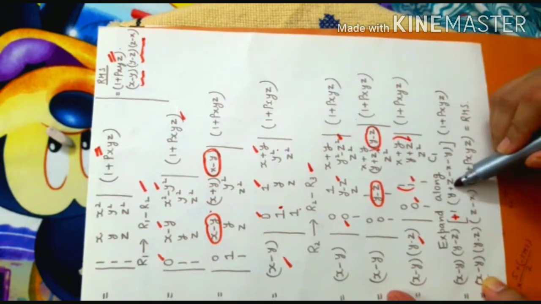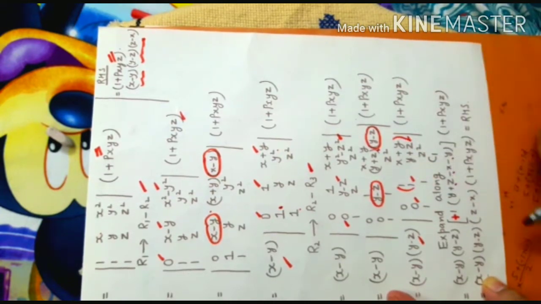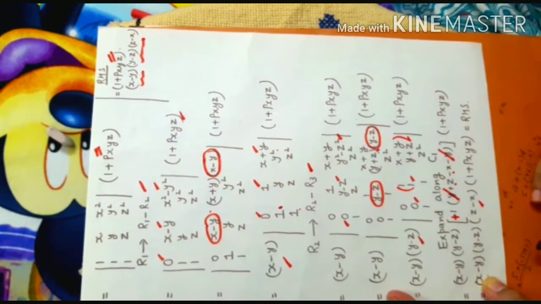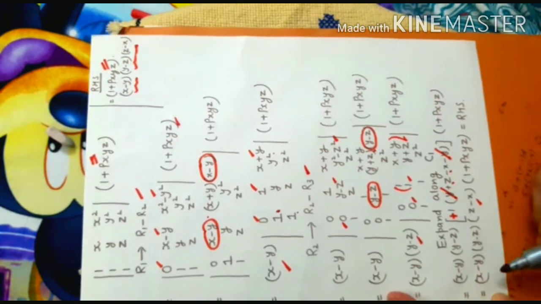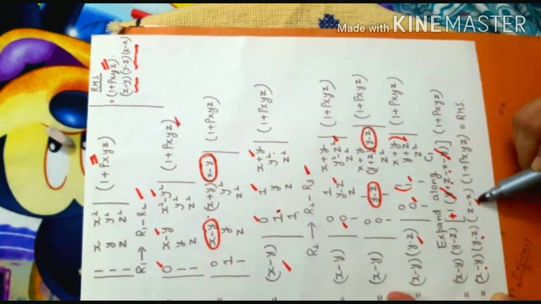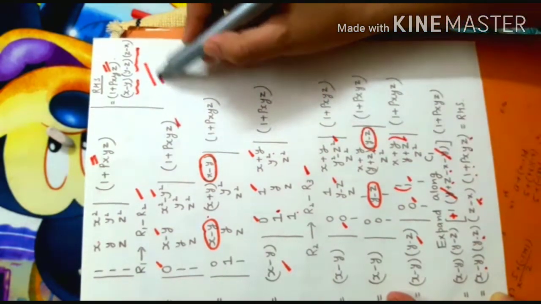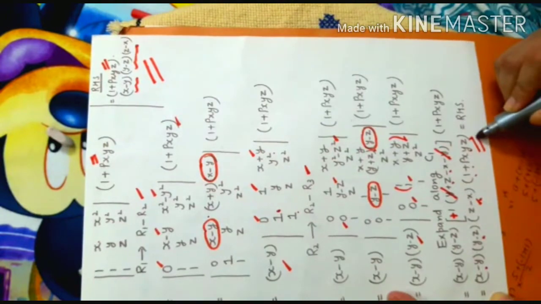So y plus z minus x minus y, which on simplification will give you z minus x. So I have obtained x minus y into y minus z into z minus x into 1 plus pxyz, which is equal to the right hand side.